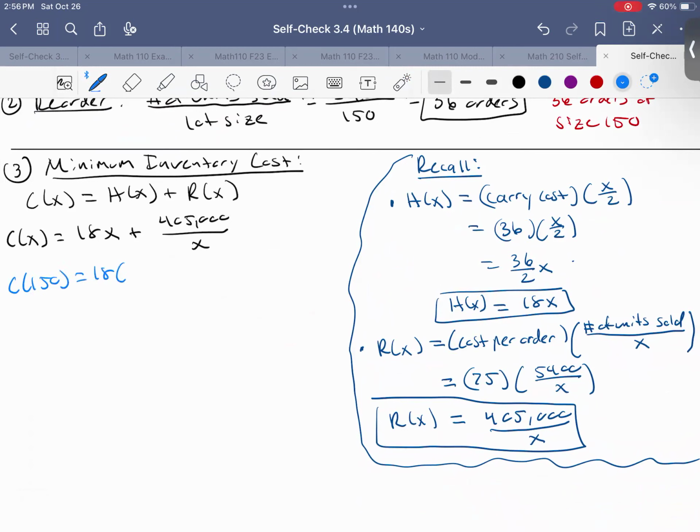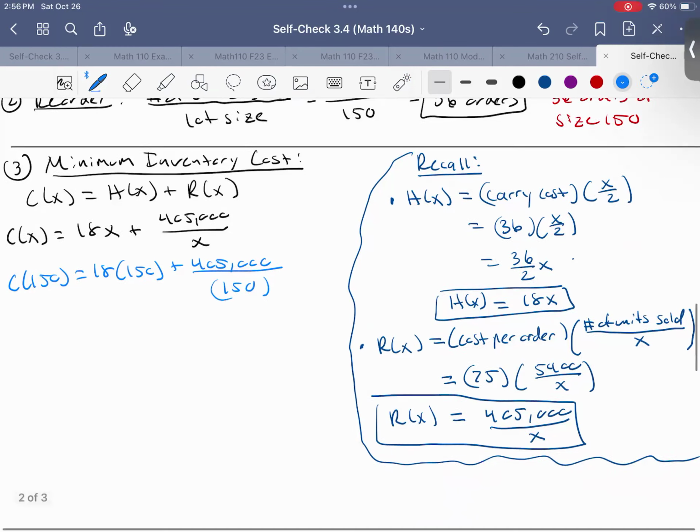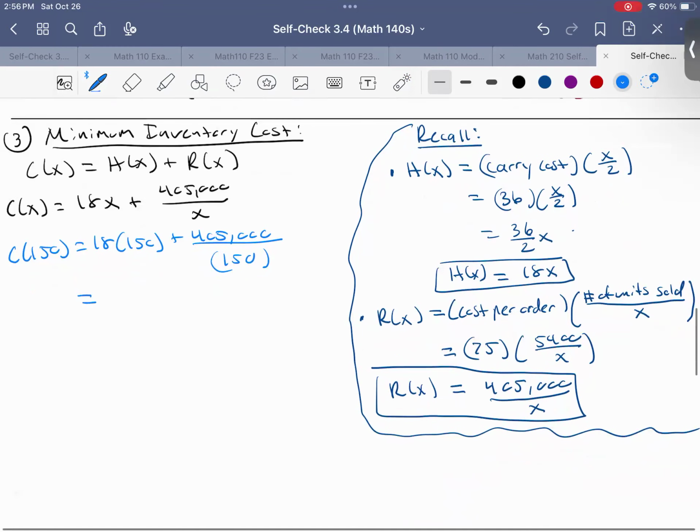This will be 18 times 150 plus 405,000 divided by 150. 18 times 150 is 2,700. 405,000 divided by 150 is also 2,700, which ends up being 5,400.